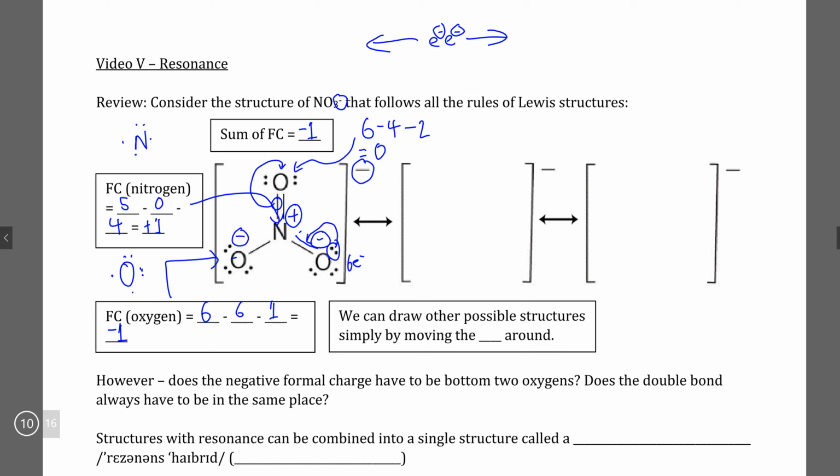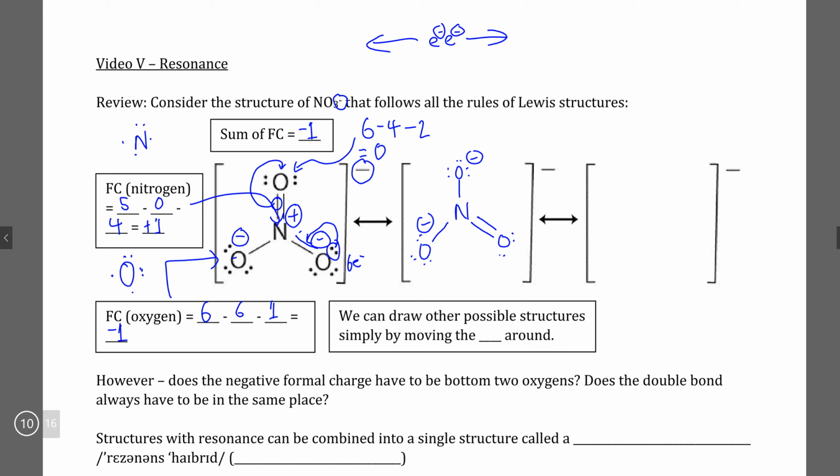Of course it is. So if we take this bond here from the double bond and move it up to become a lone pair, we have just found one of the other possible Lewis structures that we can draw for nitrate, where now the double bond is down here in the bottom right position, and our negative formal charges are now over here.